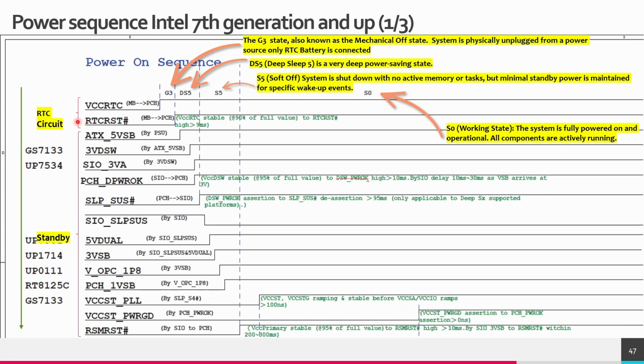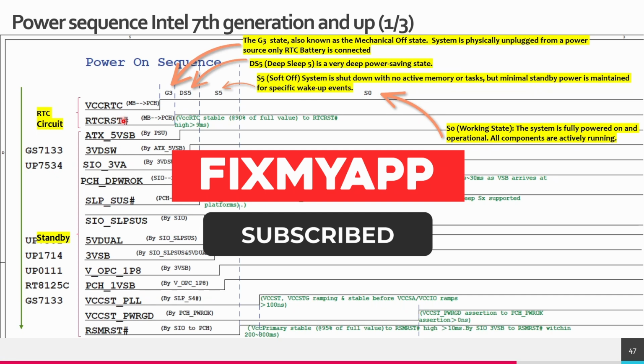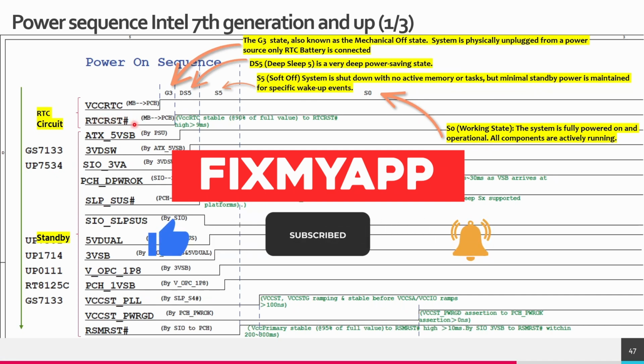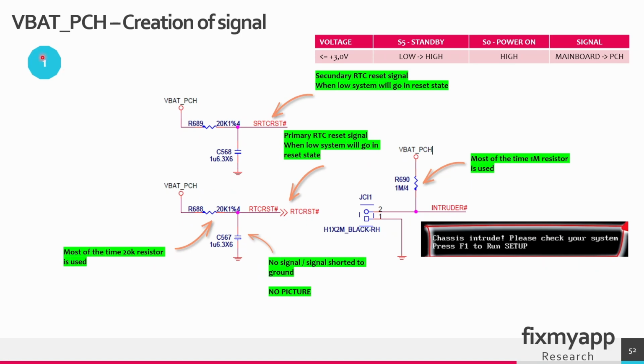Next, we have to change the state of different reset signals. To go out of a reset state, we have to put the signal from low to high. The hash behind the signal name indicates it's active low, and because it's active low, it's still in a reset state. And the signals have to go into an active state, so from low to high. Also in power sequence 1, we have to create different reset signals.